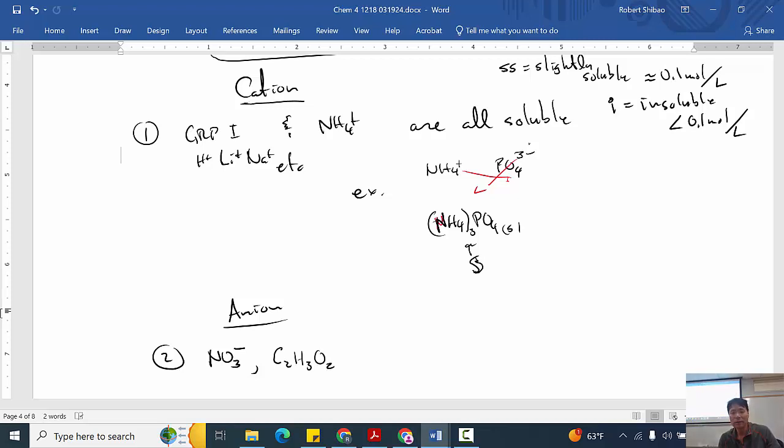Charge? -1. Good. Chlorates. Charge? Negative. So nitrates, acetates, chlorates, it doesn't matter what the cation is. These are all soluble.